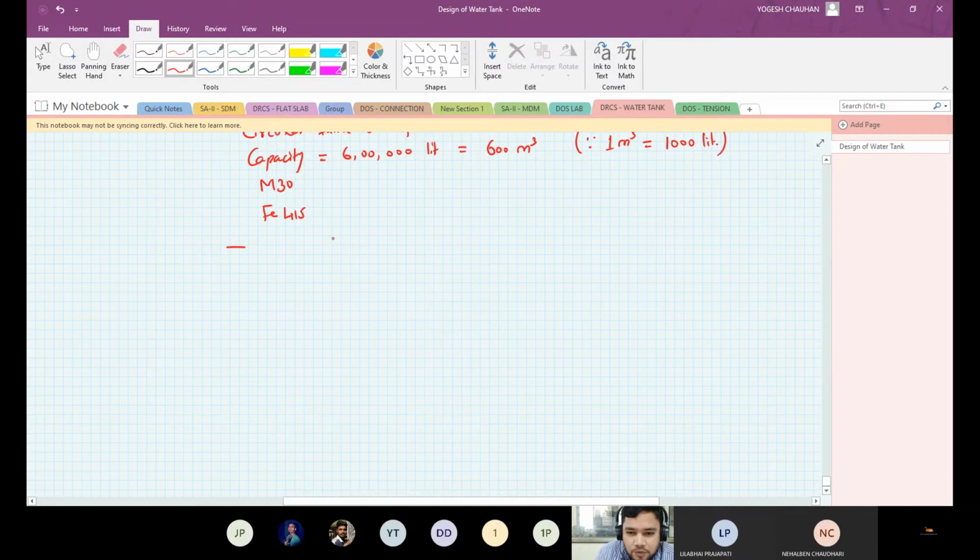For a depth of 5 meter, what will be the diameter that we can find from the capacity required? So let us provide 5 meter depth with 0.3 meter of freeboard.